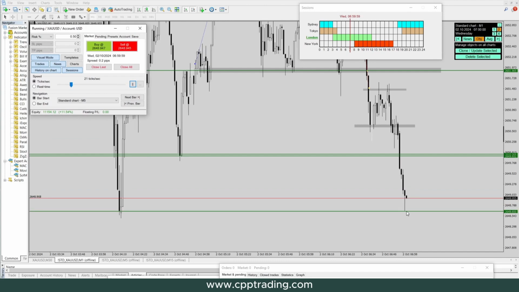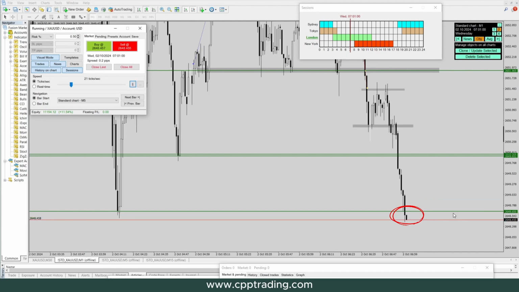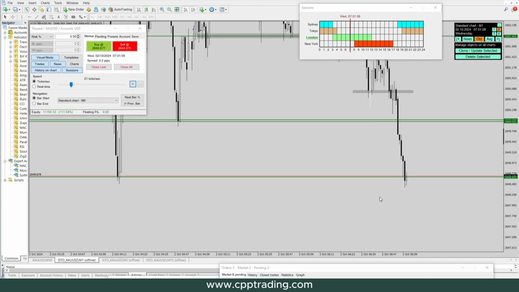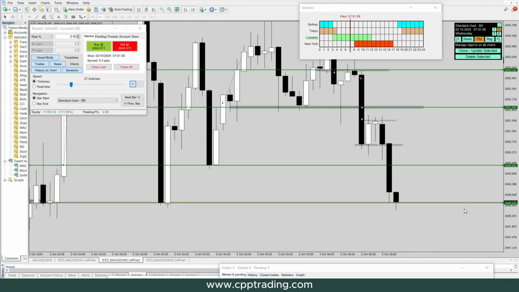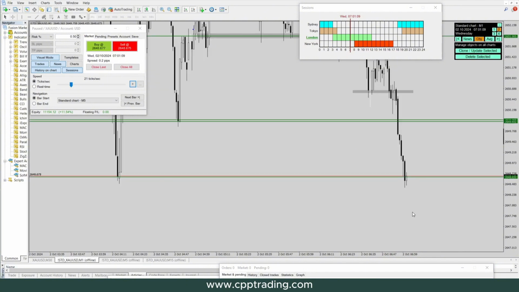Okay, you see how beautifully the price here approached 2648.6. This is really, if you're still in this trade, if you would be trading this on a live account and you see this setup, this is where you have to secure some of your position. Because when you look here, you are approaching a support, a very clear support.